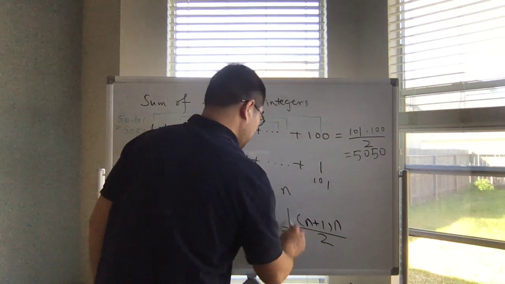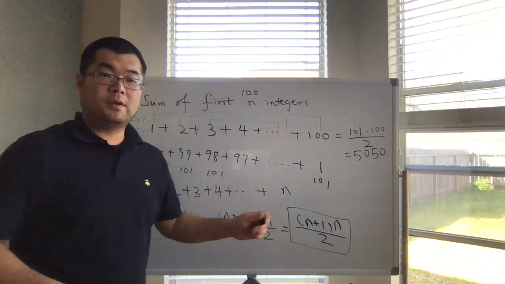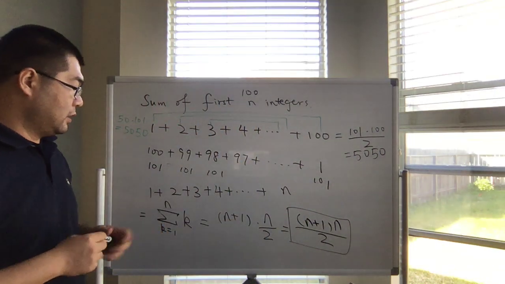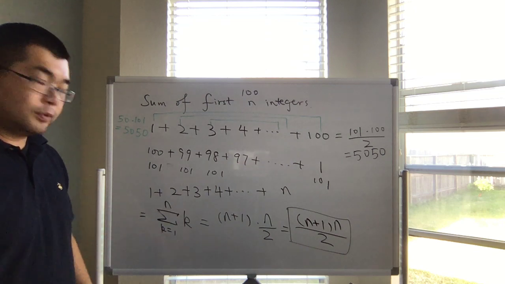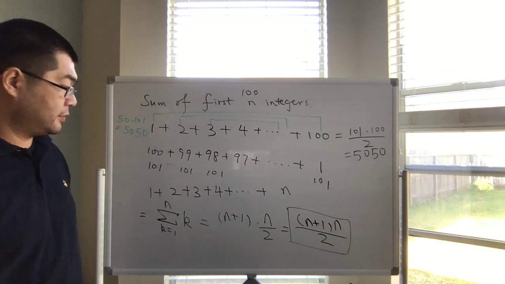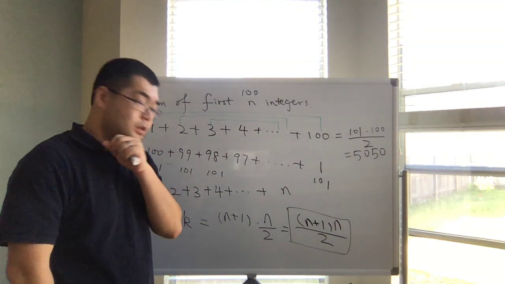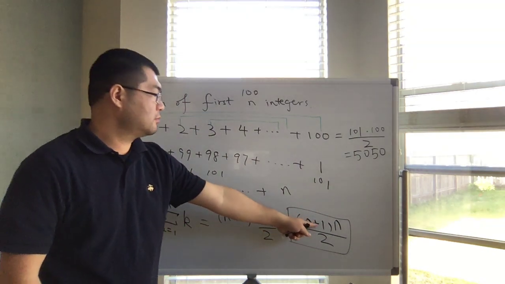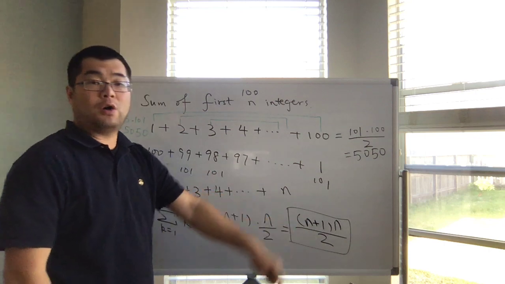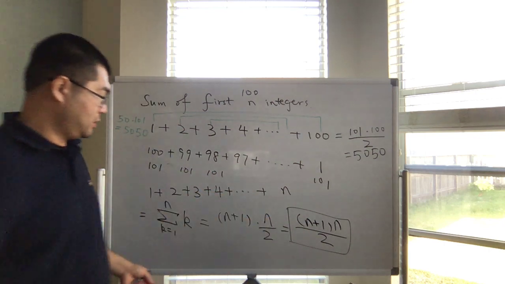And guys, you got to know this, we're gonna have some problems based on this result. So the sum of the first n integers starting from 1 is n plus 1 times n over 2. Where is it from? I just described.